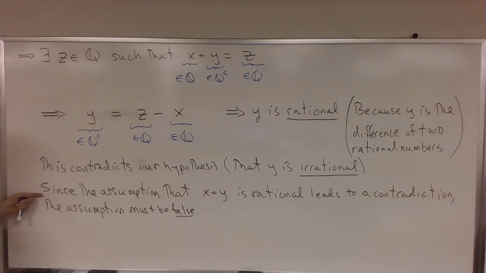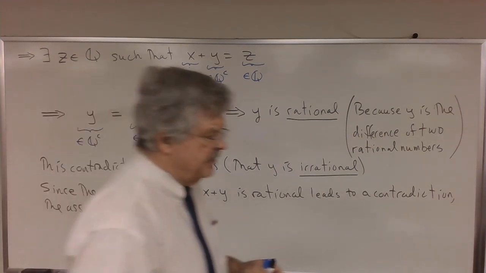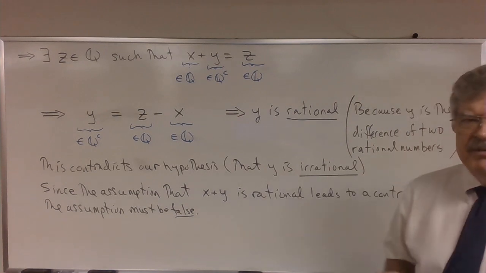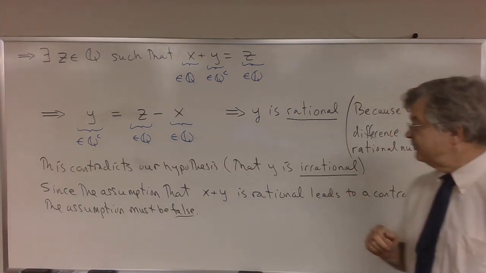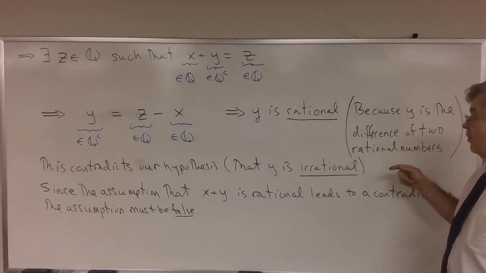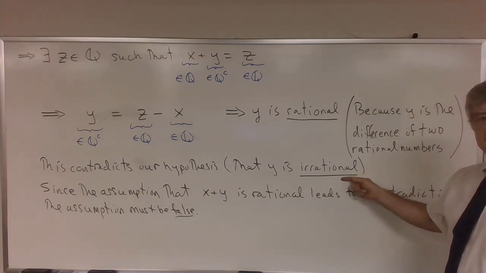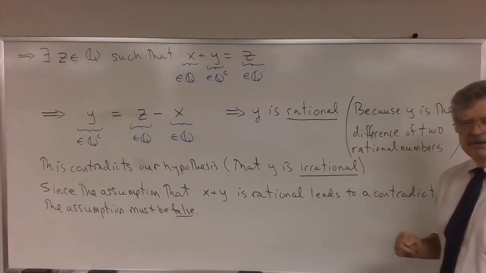And so we spell it out for our reader. We say, since the assumption that x plus y is a rational number leads to a contradiction, the assumption must be false. And this is something we probably should do for our reader just to make sure they get the point. We got a contradiction, but now we have to go back and see what it is that caused the contradiction.